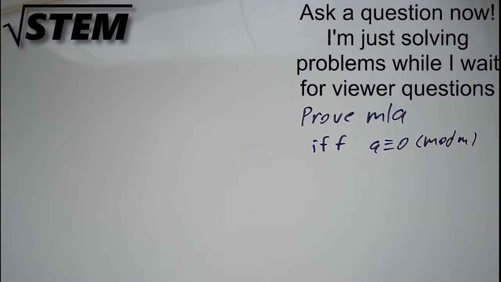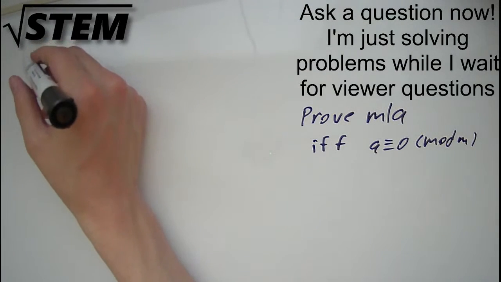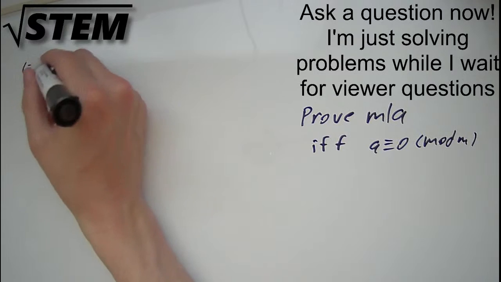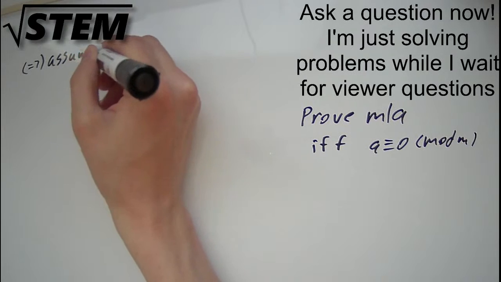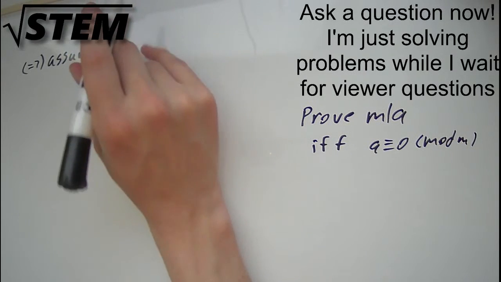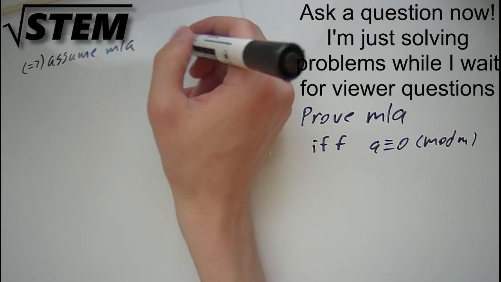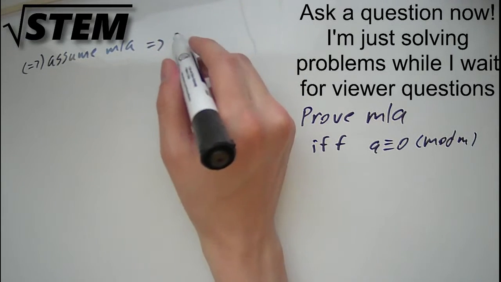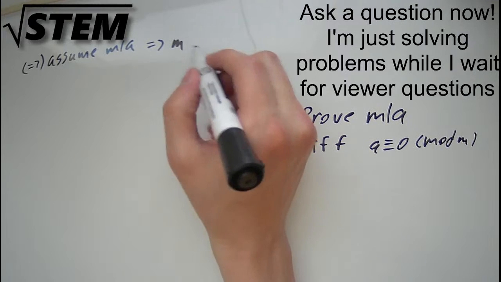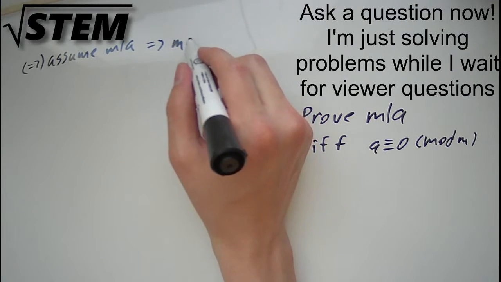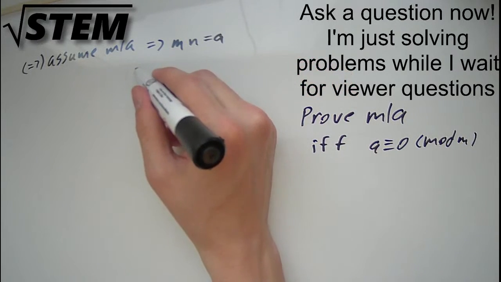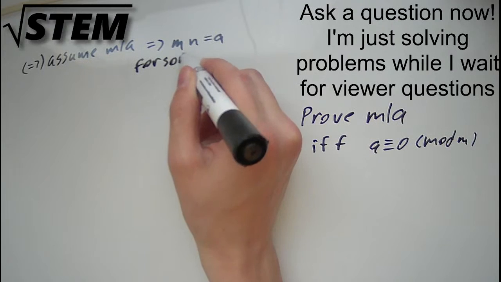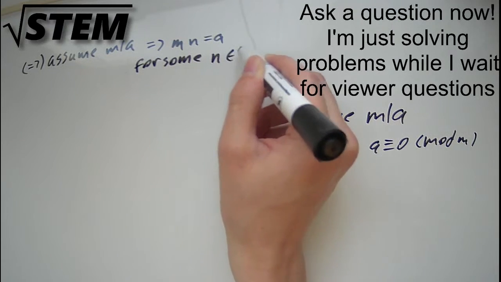So let's start with the forward case as usual. So if we assume m divides a, then we could use that to say m times, I guess, n equals a for some integer n.